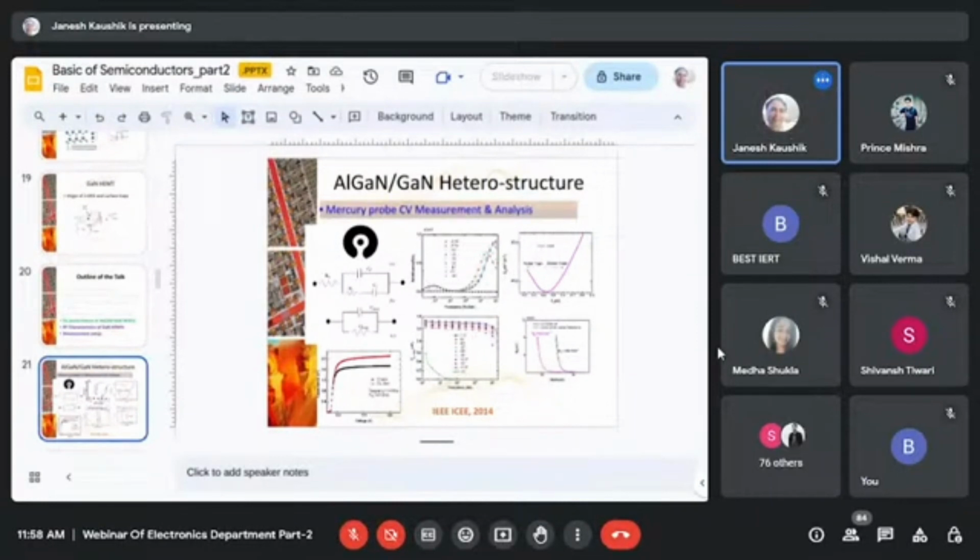And we extend that technique to incorporate the effect of the traps.